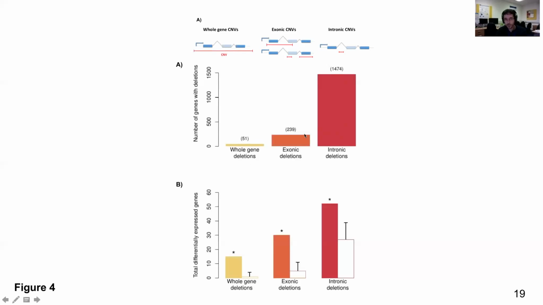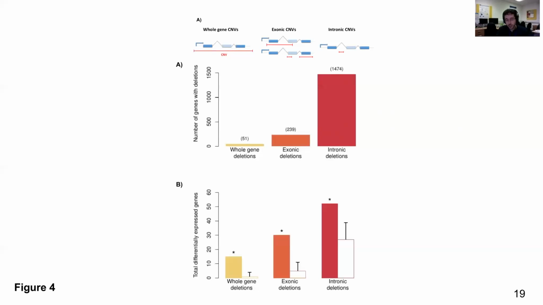We also found more than 200 exonic deletions, and we found almost 500 intronic deletions, so purely intronic deletions. So what we did here is to do a differential gene expression analysis. So for each gene, we compare the expression levels in the people with the deletion compared with the people without the deletion, like the wild type versus deletion, if you wish.